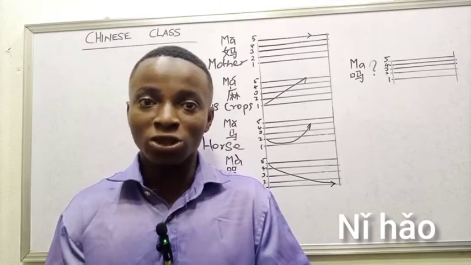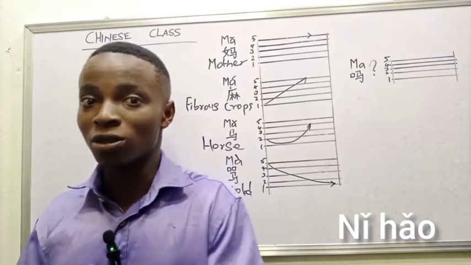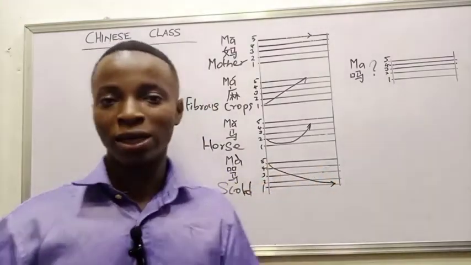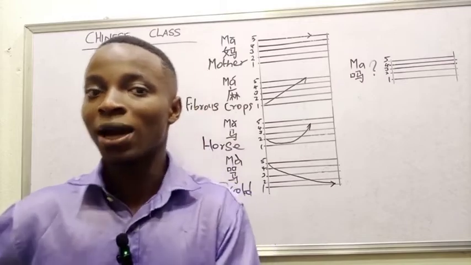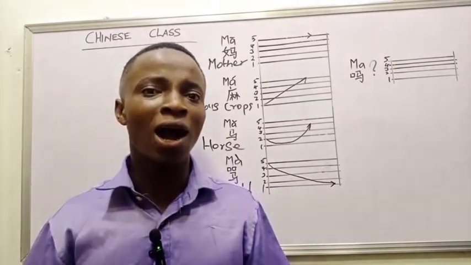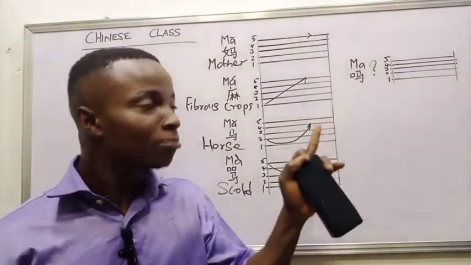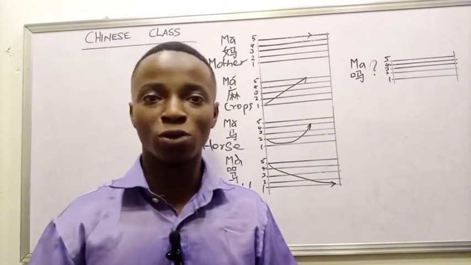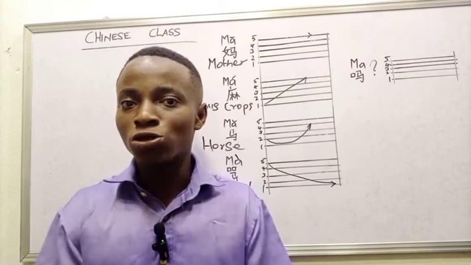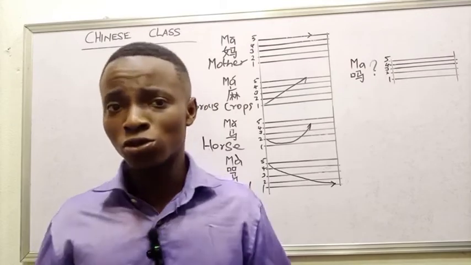But when they are joined together, it simply means hello. But when we add ma at the end of 你好, it means how are you doing? So this ma is used in asking questions. It has a neutral tone. It is very neutral.